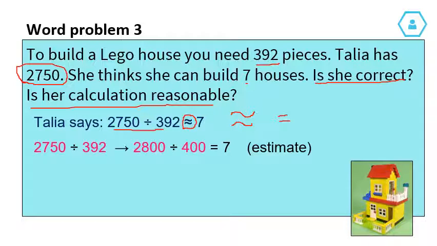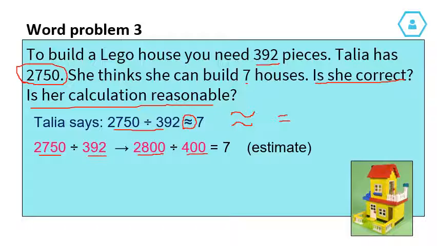So we've got 2,750 divided by 392, and I'm going to round both the dividend and the divisor. The dividend is 2,800 once it's been rounded to the nearest hundreds place. And I'm also going to round 392 to the nearest hundreds place, which is 400. Now this makes it nice and easy.